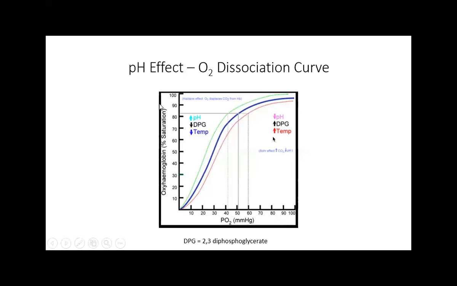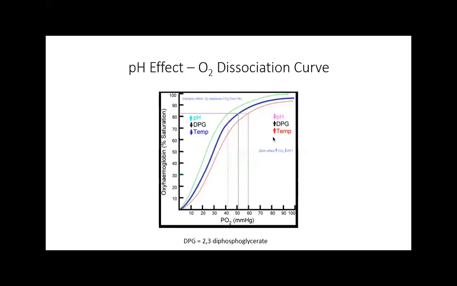Conversely, an increase in blood pH, or a reduction in DPG or temperature, will shift that curve to the left, and so saturation is achieved with a lower oxygen tension.